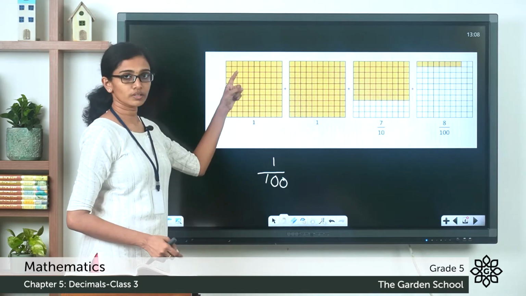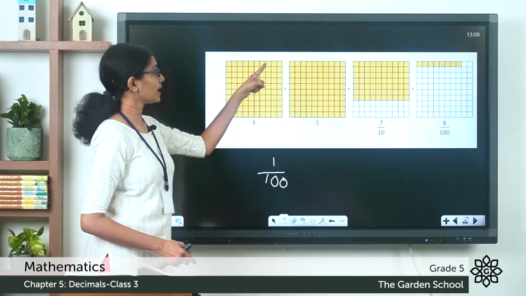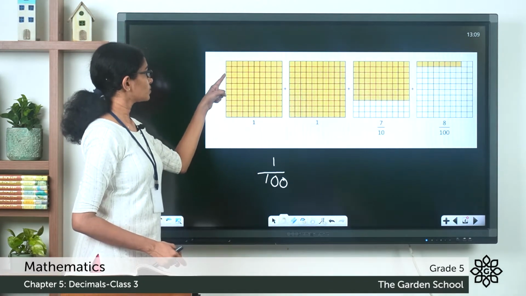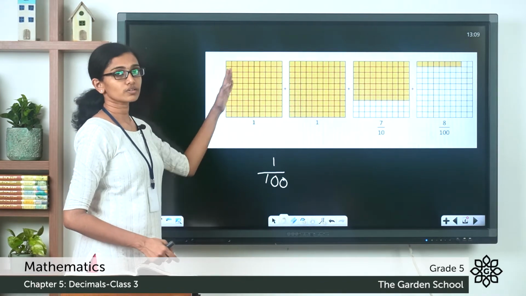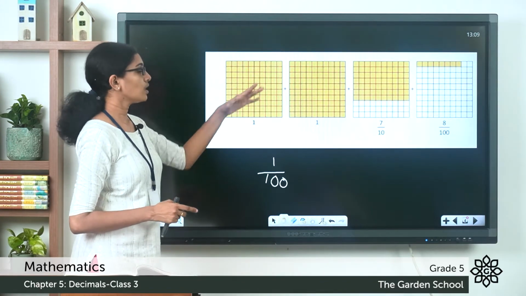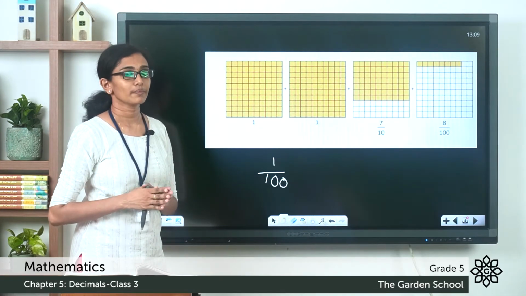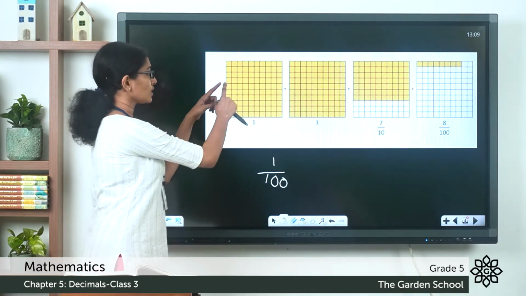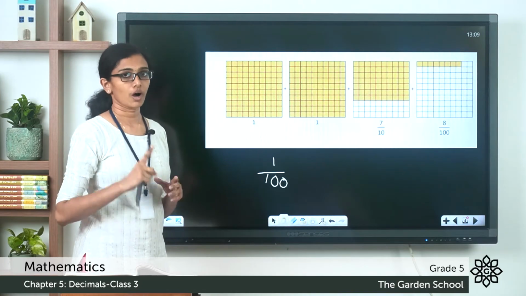Because count the boxes: 1, 2, 3, 4, 5, 6, 7, 8, 9, 10 and you have 1, 2, 3, 4, 5, 6, 7, 8, 9, 10. 10 rows into 10 columns and you have how many smaller units? 100 units and each unit will represent a fraction of 1 by 100.